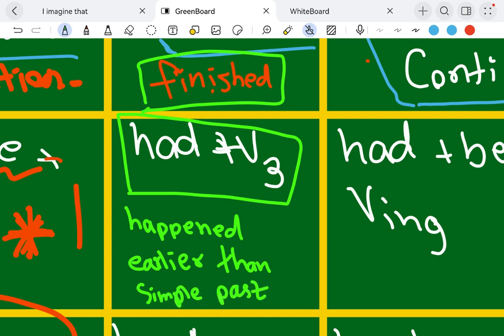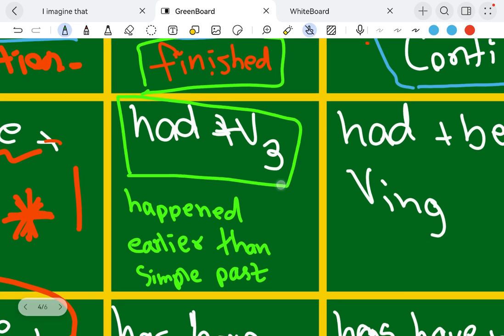Okay, so if we have two actions in our speaking, maybe in our sentence, let's talk about playing outside and studying the lesson. Which action do you think is likely to happen first? Which one do you think will happen earlier?